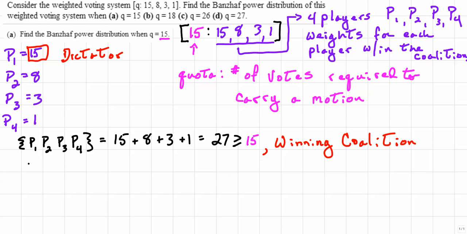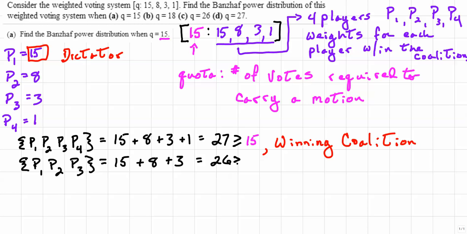We can go with player 1, 2, and 3. I know that is a winning coalition because we add 15 plus 8 plus 3, which is equal to 26. That is also greater than or equal to 15, and that means it is a winning coalition also.